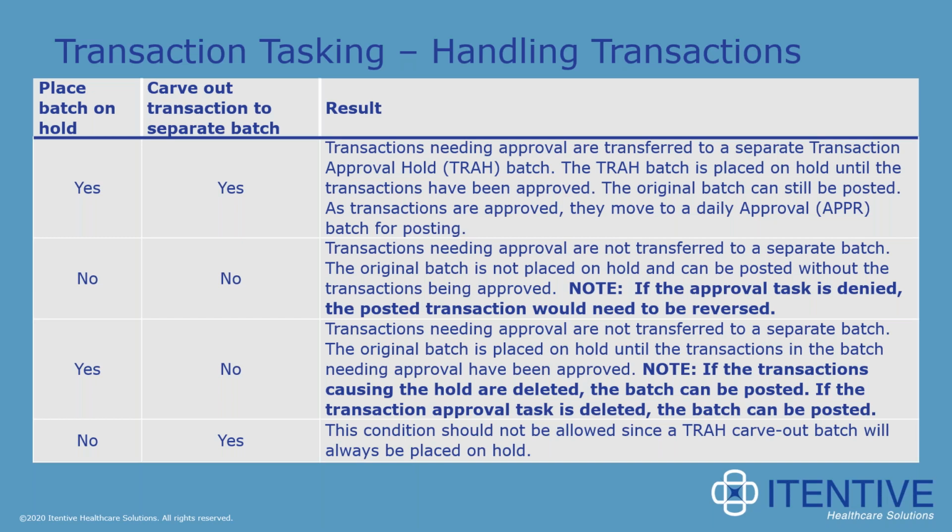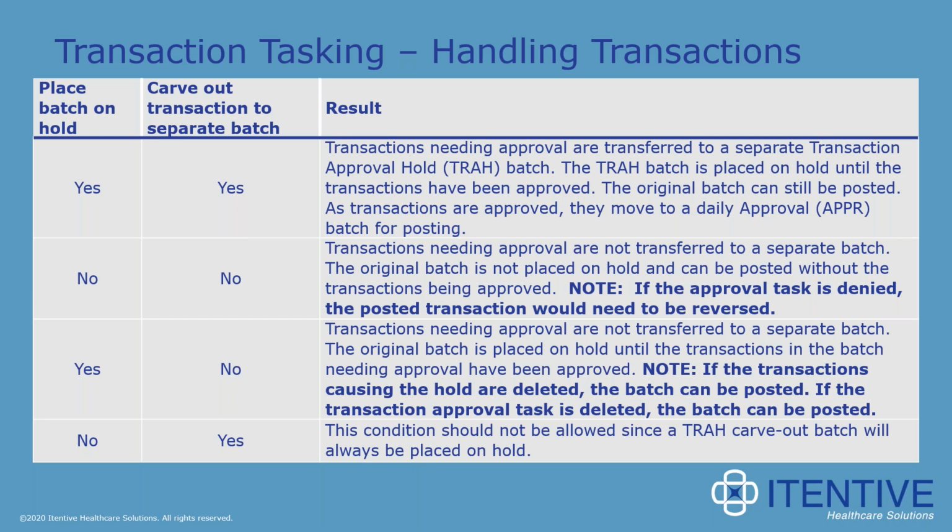Again, NextGen has so many options that sometimes it's too much, sometimes it's not enough. It just depends on the needs of your organization. But to try and make this simple, I gave you a chart that will show you if you pick yes, yes, no, no, or any of the other options.